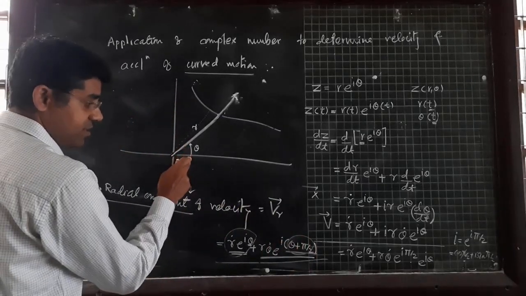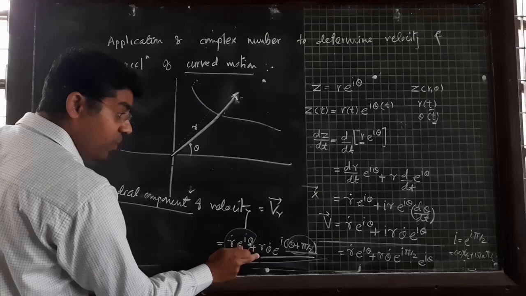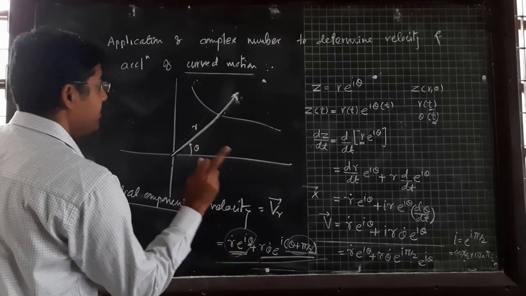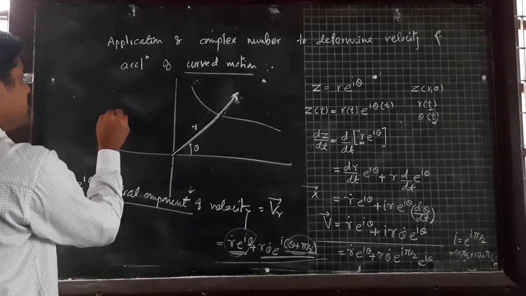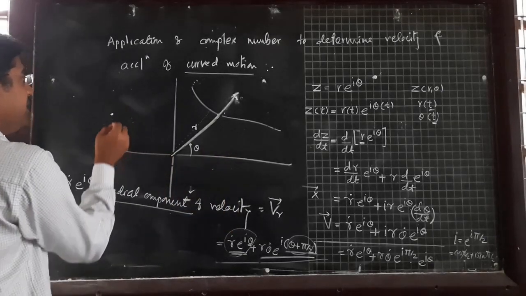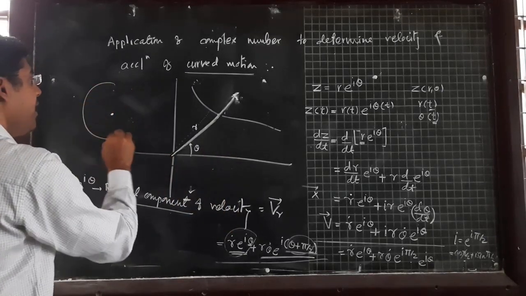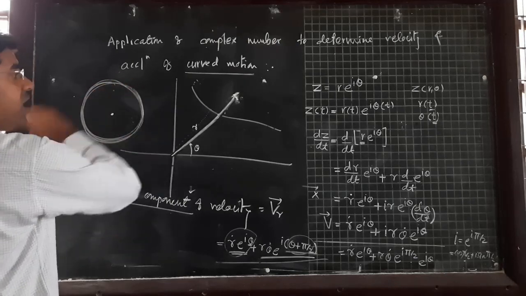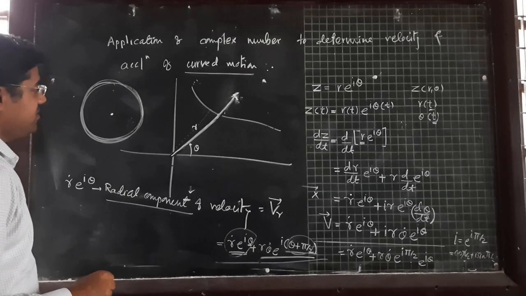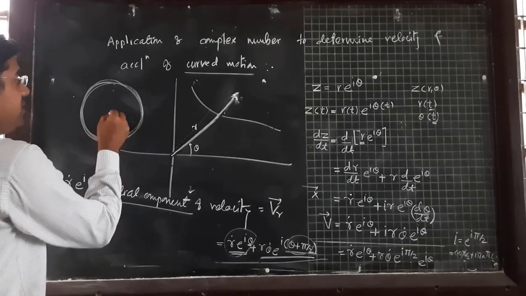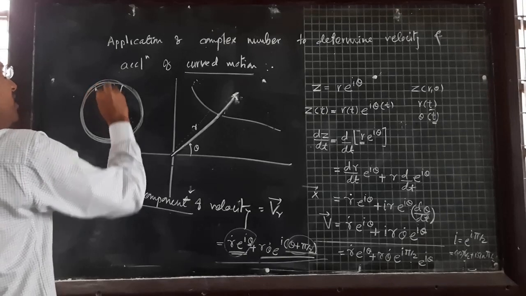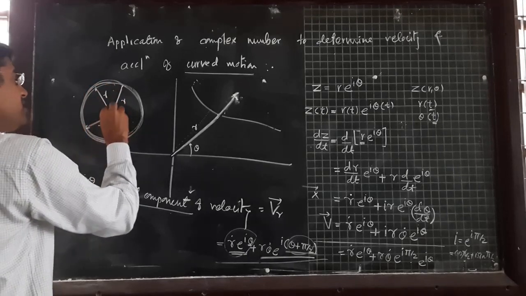Theta will be here. Now in the second step, what? Your r is constant. R is constant means what? Suppose your satellite is here and the given object is moving in a circular path. Okay. So in this case, this is your r, this is your r, this is your r.